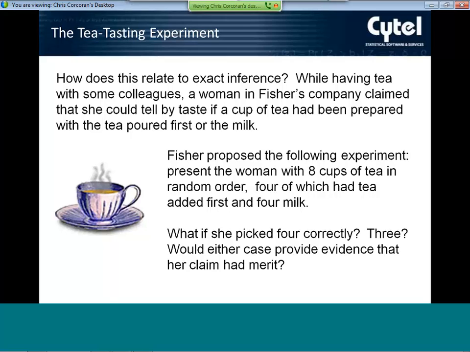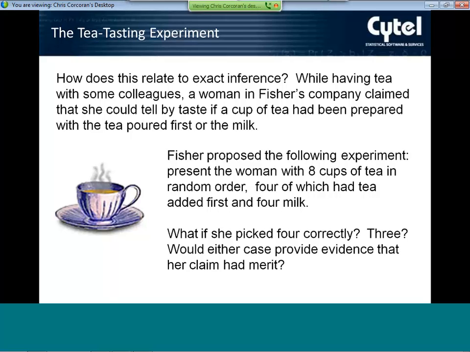And the question is, once she actually tastes these cups and makes her guesses, how convincing would that be in terms of the result? In other words, if she picked all 4 of the tea first cups correctly, would that provide evidence for us that she knew what she was talking about? Or only 3?